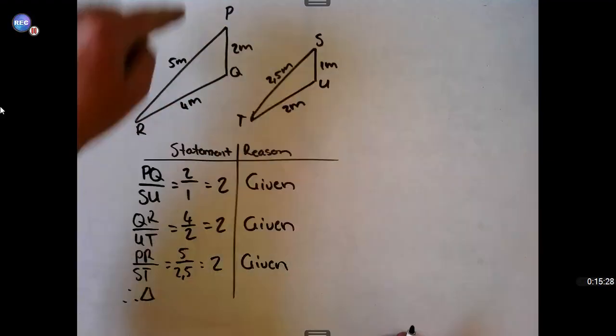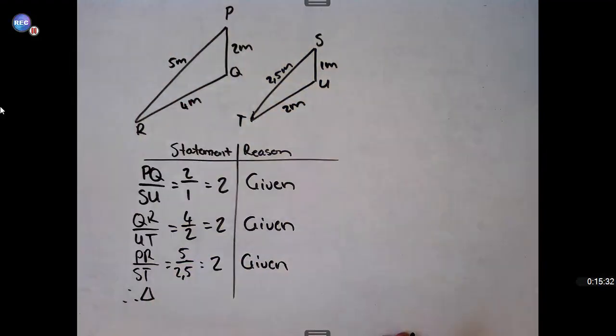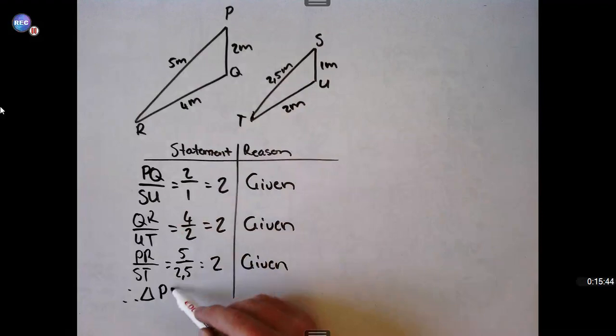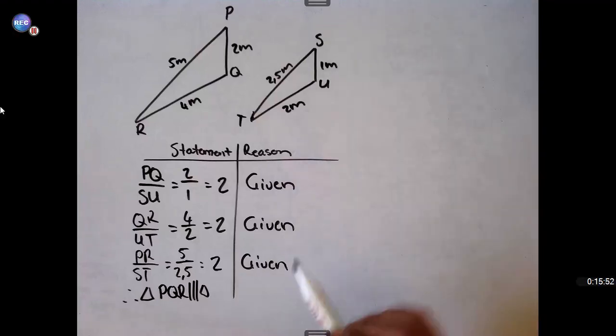So we are going to work with the angles, obviously, and then I'll show you how to check if the corresponding sides are mentioned in your conclusion. So first of all, triangle PQR, that is what I'm going to work with. PQR is similar to triangle SUT.